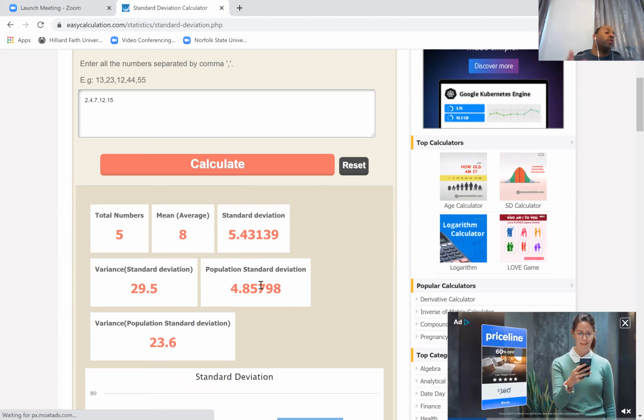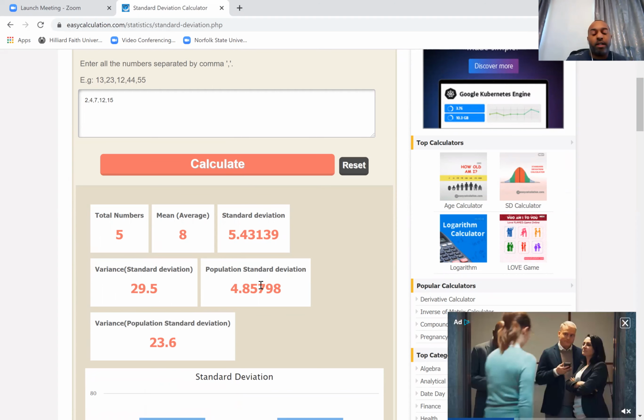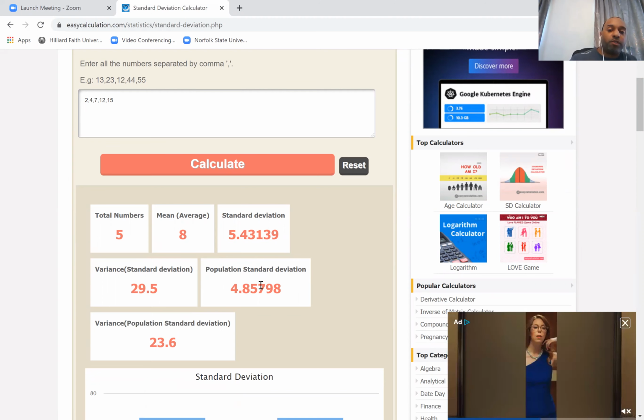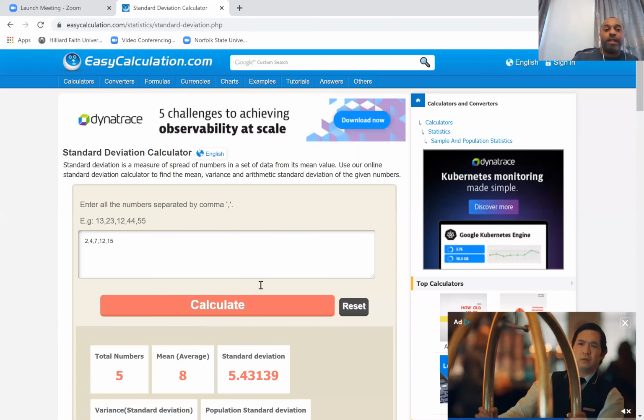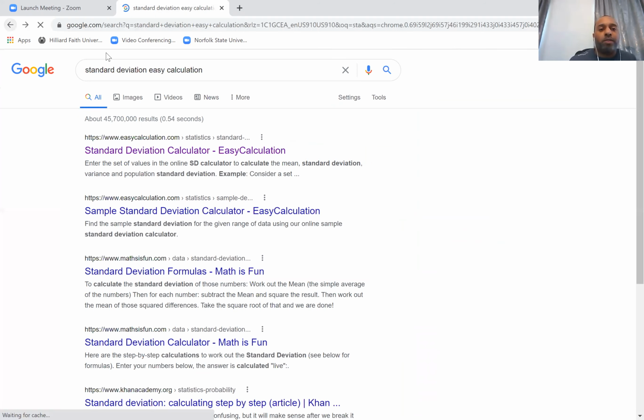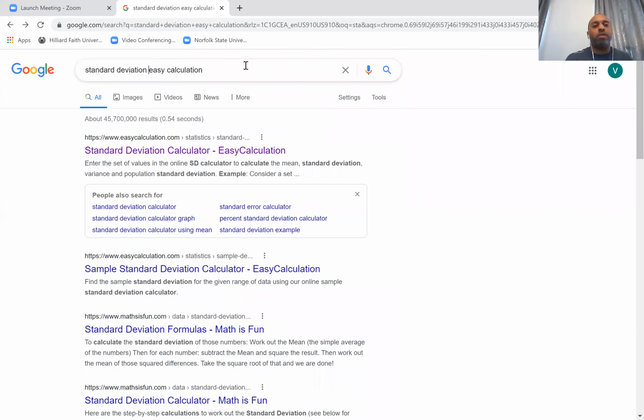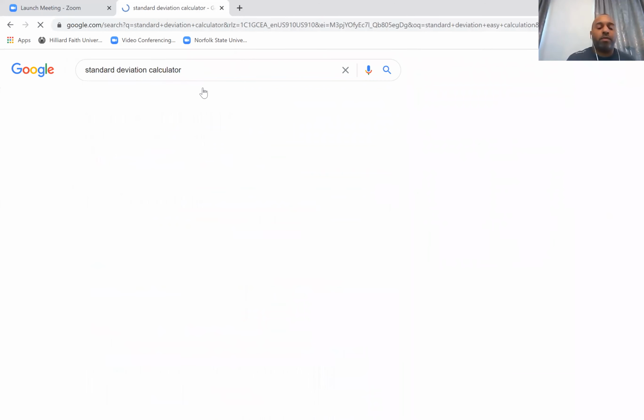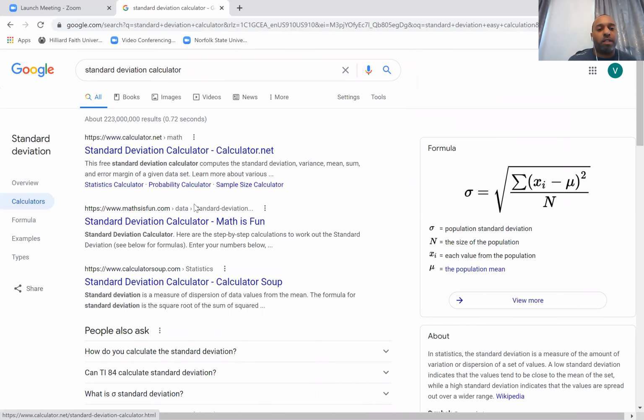And that's it. If you're doing more than typing data values in and hitting enter, then to me you're doing too much, because there are so many free things out there. If you don't want to use easycalculation.com, you can just search for a standard deviation calculator. Other things will pop up, and there goes the formula right there if you want to see it.